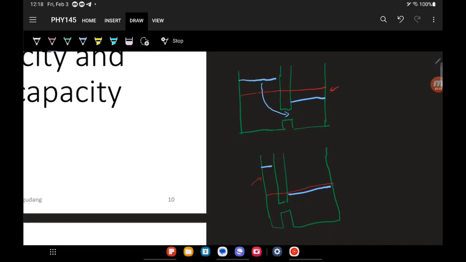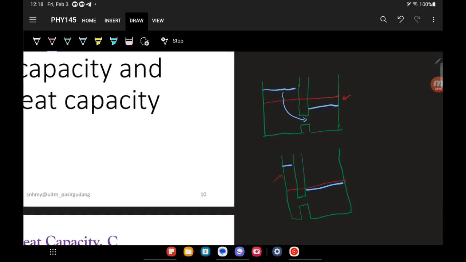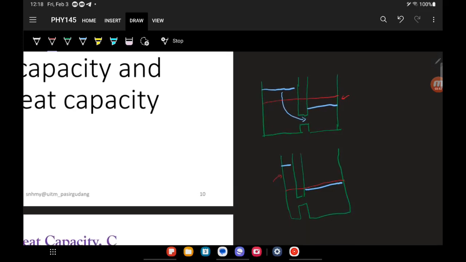Both of them have a significant difference in level, but one contributes less increment to the other container because of the quantity, the capacity. We can view heat capacity in the same way.